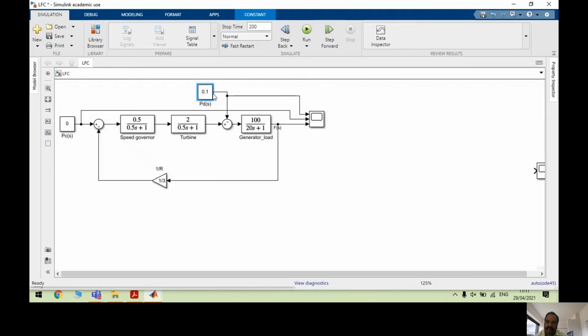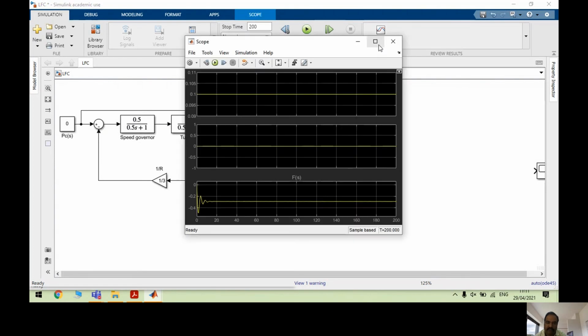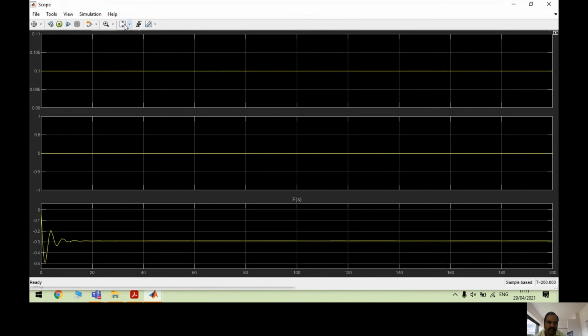Since there is an increase in the demand, the frequency must drop. Now let's look back at the frequency. If you carefully see, the top one is the demand, it is 10%, 0.1. The second one is the manual power setting, it is 0. And see the third one, this is the change in frequency. Isn't it? I think it is very small.